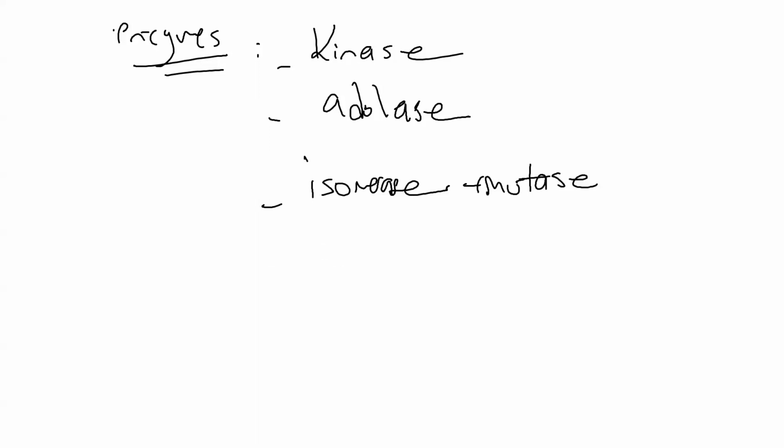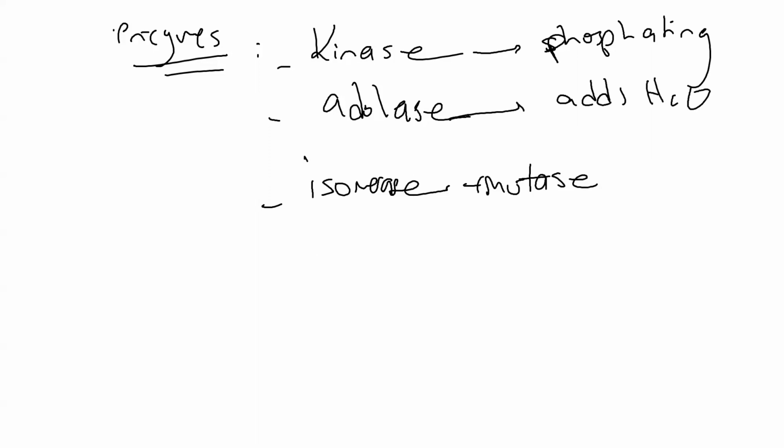The kinase enzyme is a phosphorylating enzyme. The adenylase enzyme adds water. The isomerase and mutase are for isomerism.